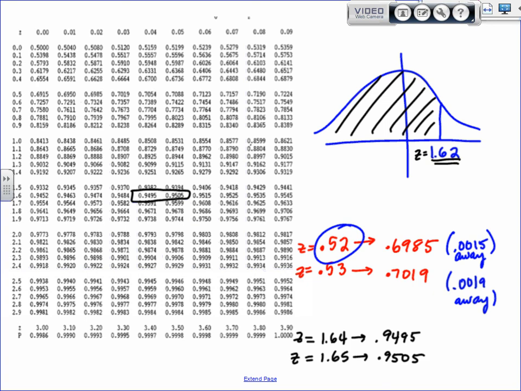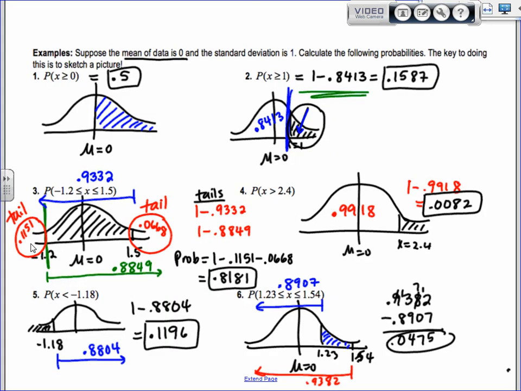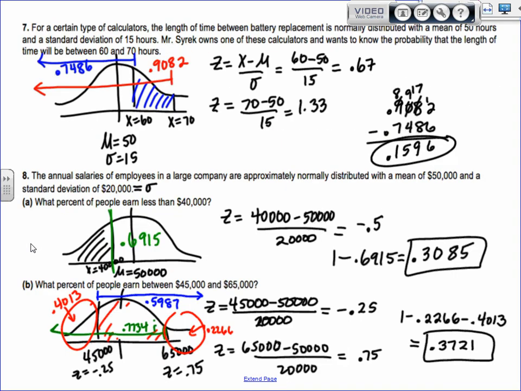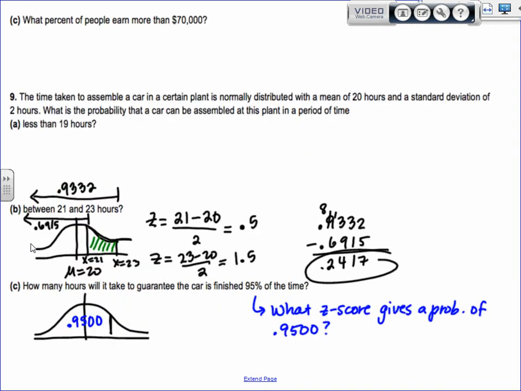So what would you choose? It doesn't matter. You can choose either one. You can choose 1.64, you can choose 1.65, or you can do what Emily was suggesting, which I would actually do in this case because they're an equal distance away. I would choose exactly in between, the average of the two. So what's directly between 1.64 and 1.65? 1.645, exactly. So I'm going to choose a z-score of 1.645. On your test, I'm not too particular about what you choose.